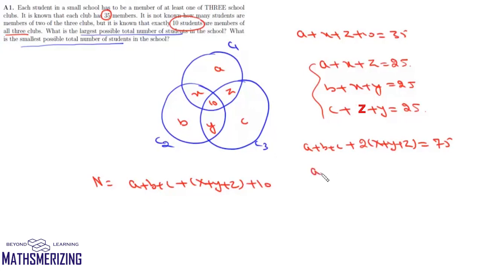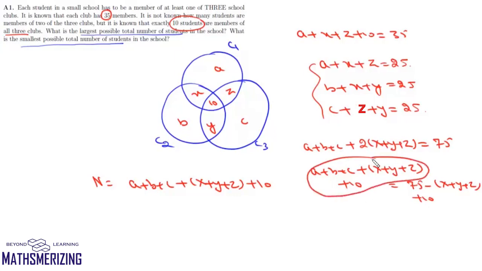We can write A plus B plus C plus X plus Y plus Z as 75 minus (X plus Y plus Z), and then add 10. So it becomes N equals 85 minus (X plus Y plus Z). N will be maximum when the sum X plus Y plus Z is minimum.